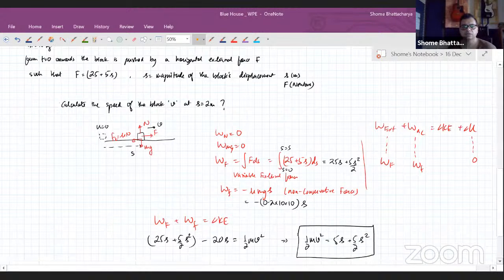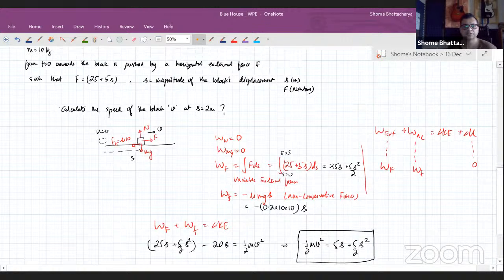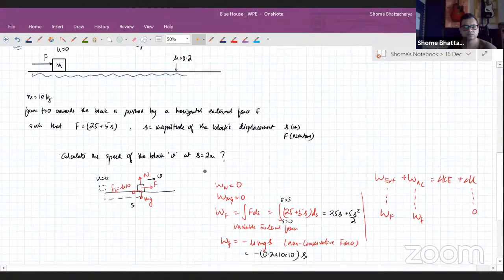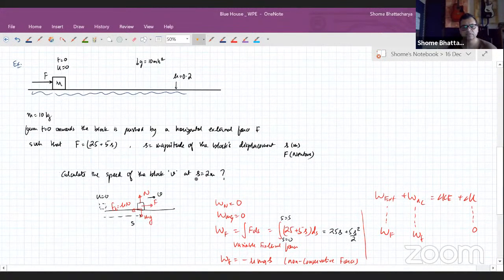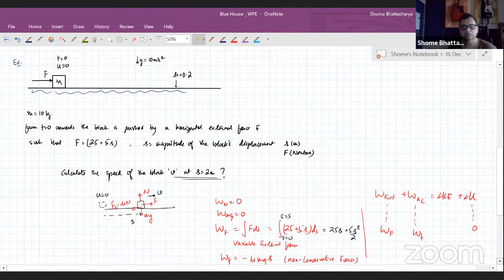Yeah, so let's calculate. Now we want to calculate the speed at the instant when s is 2 meters.